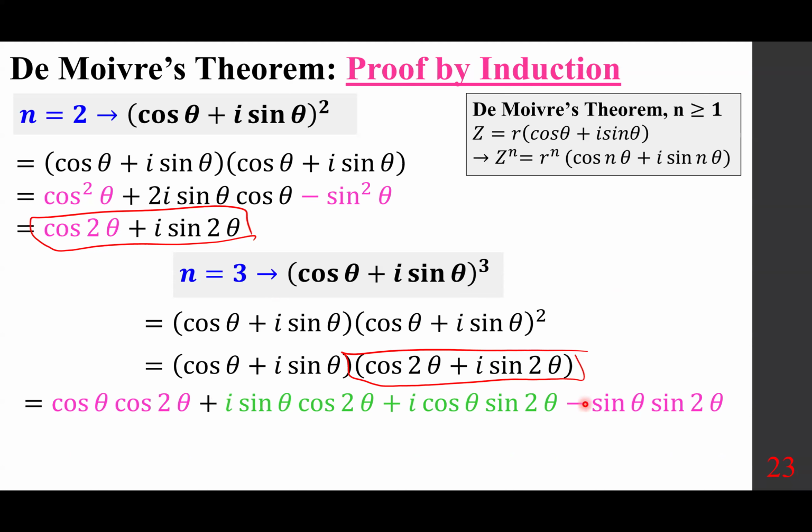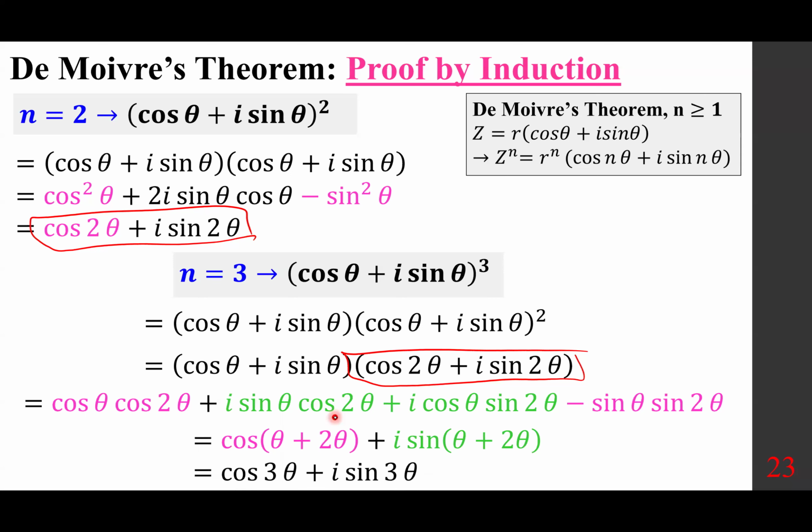Now, if you combine these, cosine alpha cosine beta minus sine alpha sine beta is cosine of alpha plus beta, so this is cosine of theta plus 2 theta. And sine alpha cosine beta plus cosine alpha sine beta is sine of alpha plus beta, or sine of theta plus 2 theta. So put the green parts together, put the red parts together, and you see that when n equals 3, it's cosine 3 theta plus i sine 3 theta.